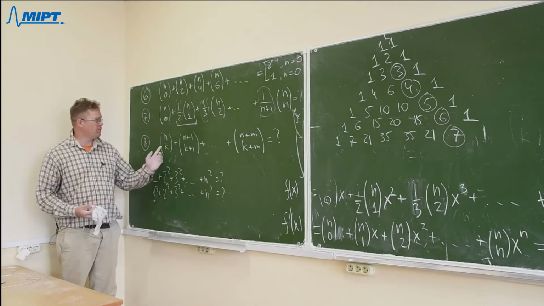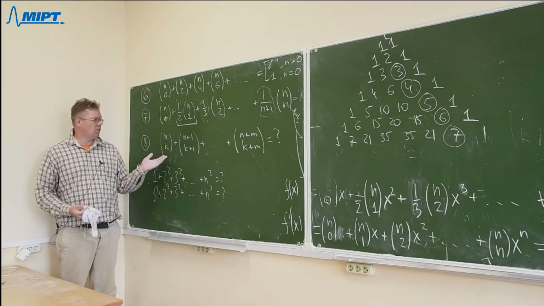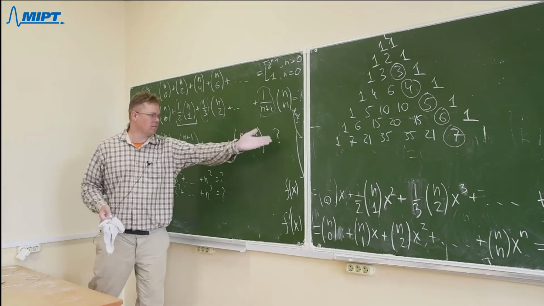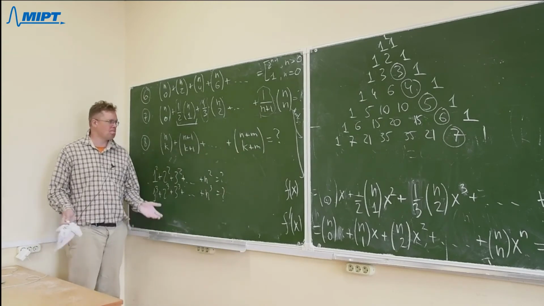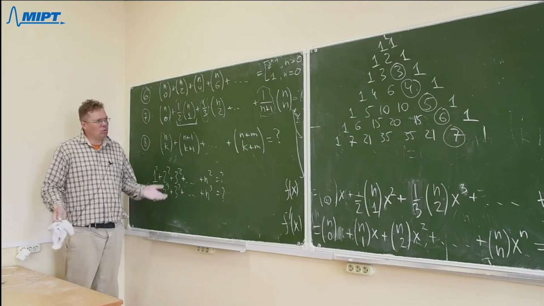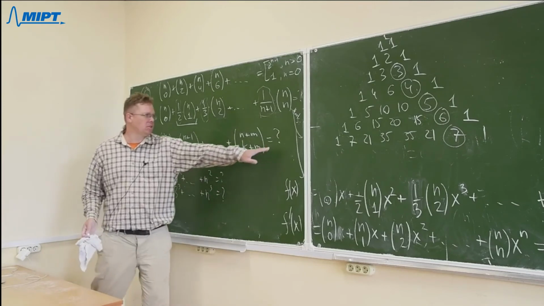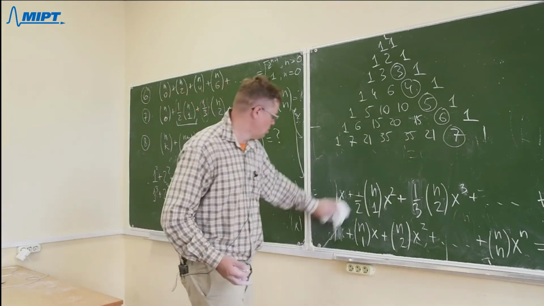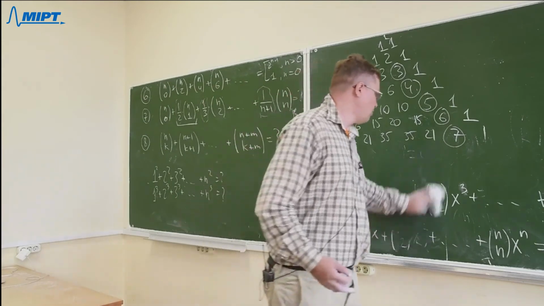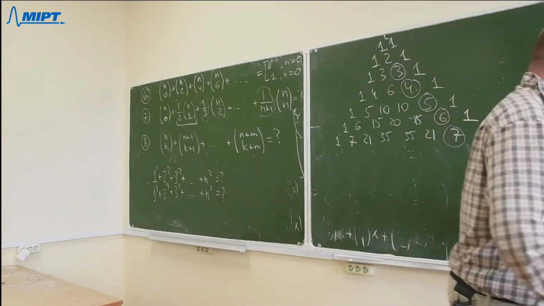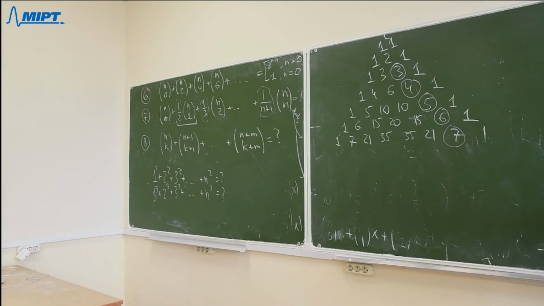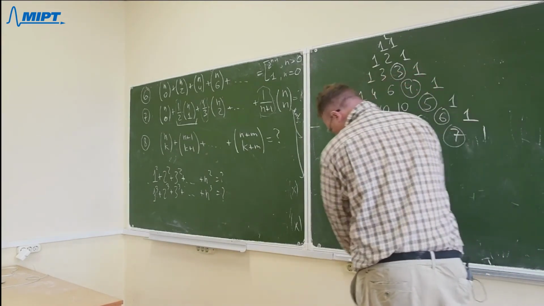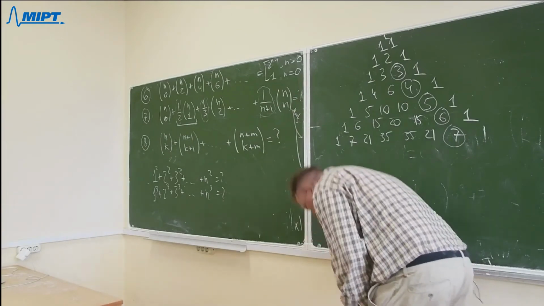Let's try to find some formula consisting of 2 or 3 binomial coefficients, I think, here. I want to have a rather short formula to find the sum of the elements on the diagonal of the Pascal triangle.